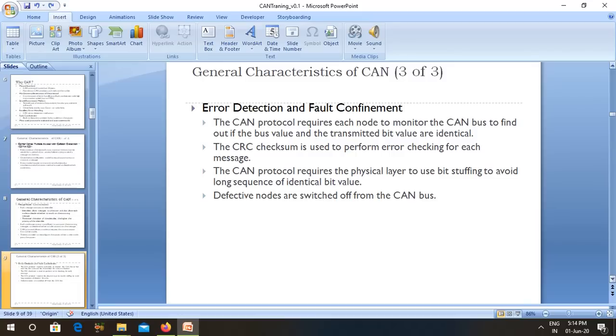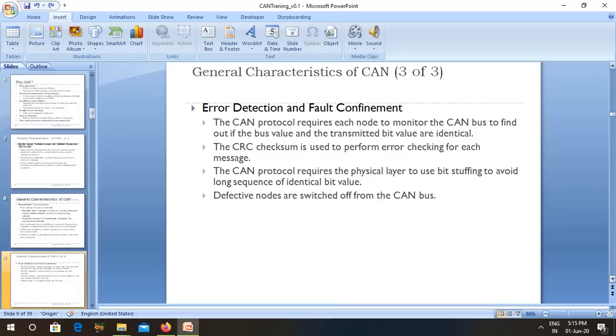After transmitting the CAN message, the node will monitor the bus to check whether a problem has happened in the bus, corrupted by other nodes or other external factors, using checksum calculations. If an error happens, it will take the necessary actions, like retransmission of the messages.